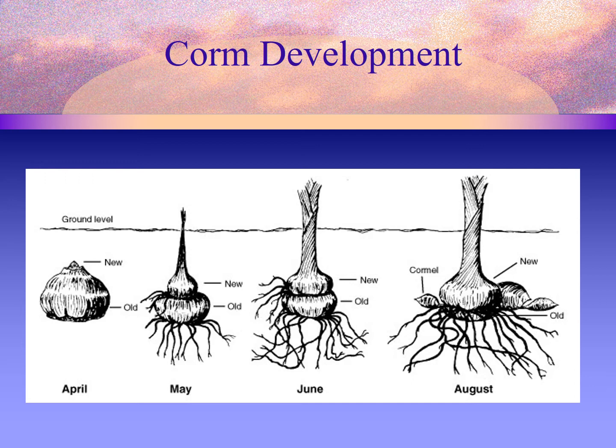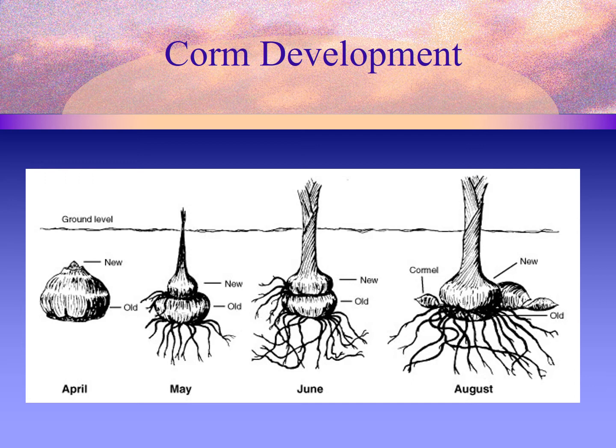The corm is going to start to form a shoot, and that shoot is going to grow above ground. It will produce leaves. Those leaves are going to photosynthesize, and they're going to produce sugars. Those sugars are going to be translocated through the stem, and they're going to end up in a new corm. So a new corm starts to develop on top of the old original corm that you planted last fall.